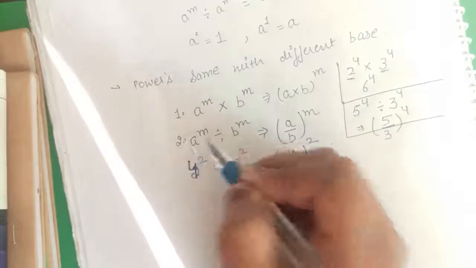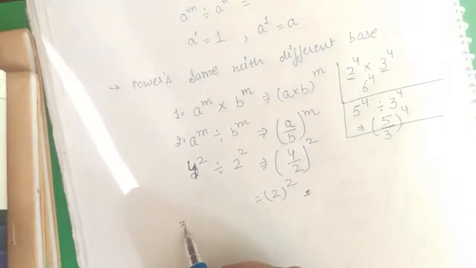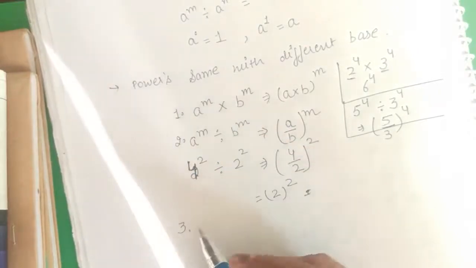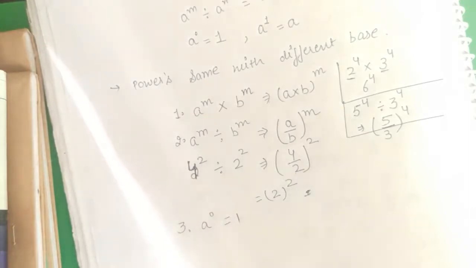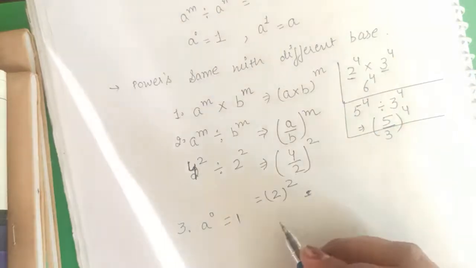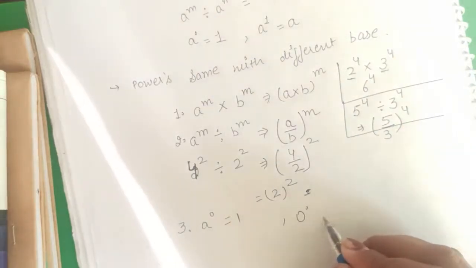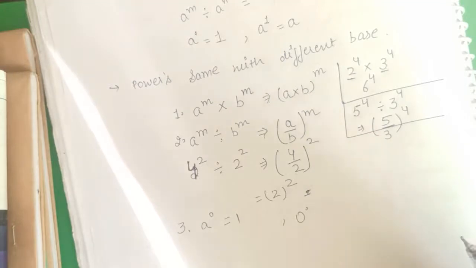This one is second. Now come to the third law, that is same like this. If the power of any base is 0, then it is equal to 1. Right? Any number raised to the power 0 is 1, whereas 0 to the power 0 is not defined.